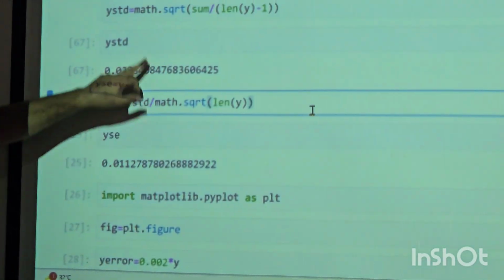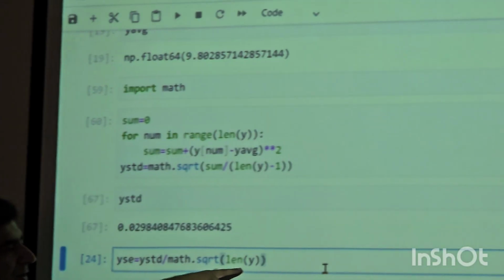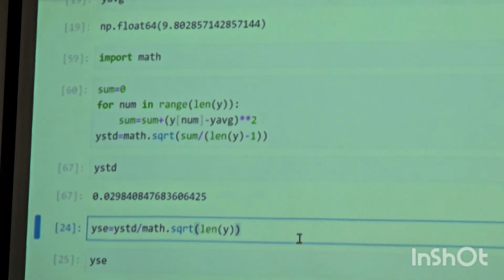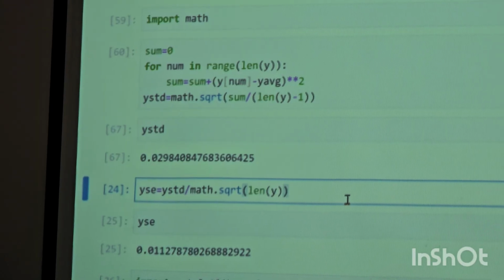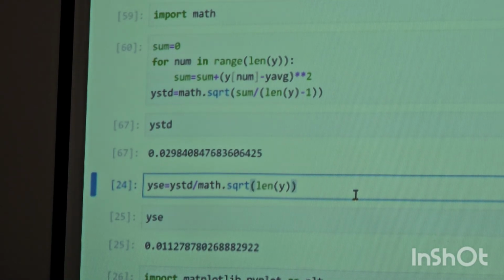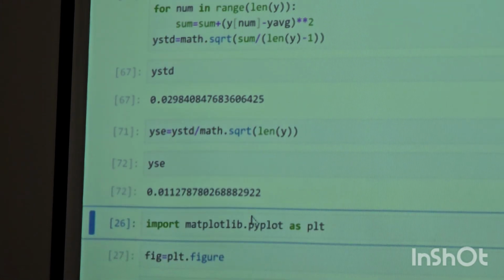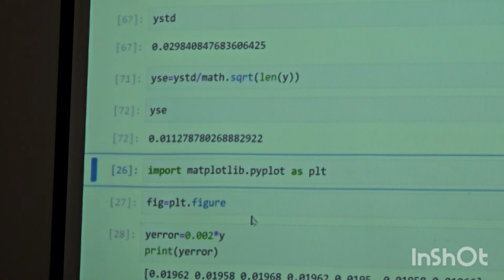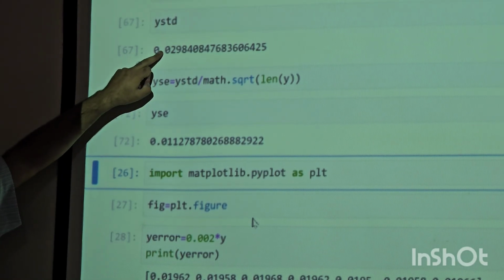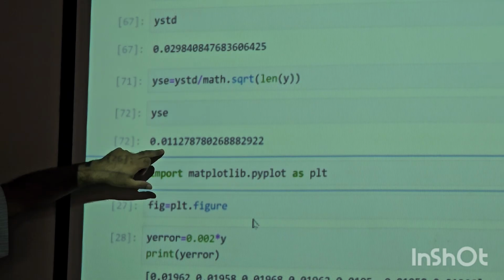That's why I imported the math library, because I want a square root. I take the square root of the number of data points. Alright, so this will give me the standard error in the mean. Now here is the standard deviation 0.03, the standard error is 0.01. It's smaller than the standard deviation.